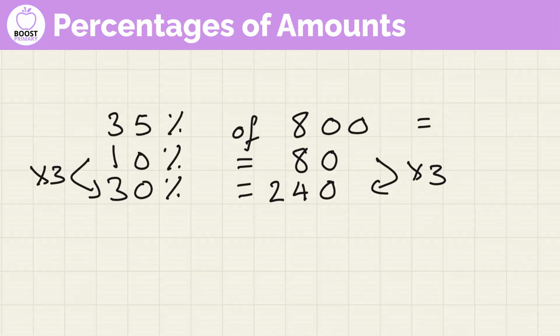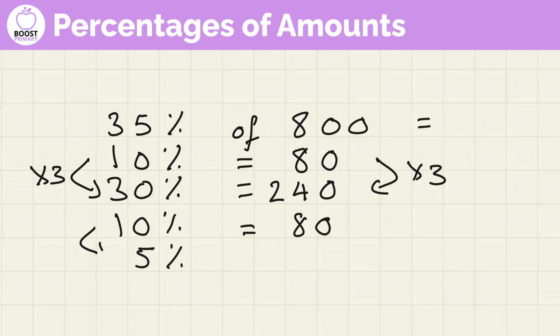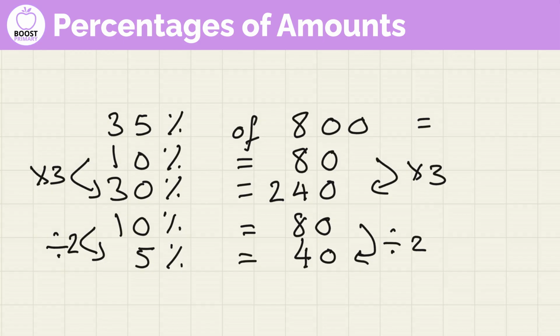So I have 30%, but I still need 5%. So let's go back to 10%. 10% equals 80. Let's scale down to 5%. 10% divided by 2 equals 5%. 80 divided by 2 is 40.